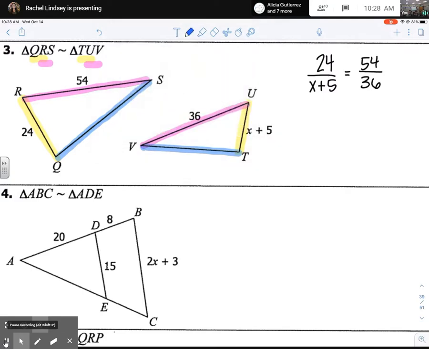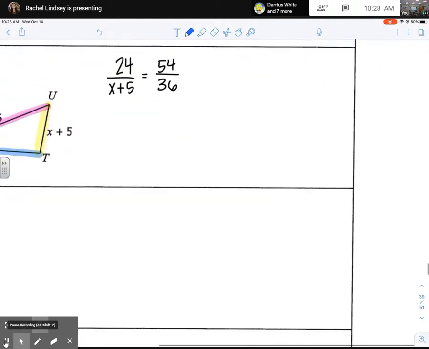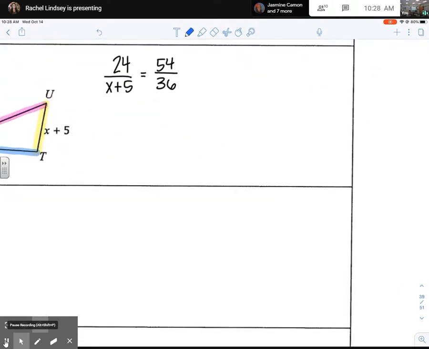So now, again, this is one where I would not want to keep the big numbers, the 54 over 36, if I didn't have to. I'm going to show you why. I'm going to show you how to do it with that one right there and with a simplified one. So I keep that 24 over x plus 5, but I can reduce that 54 over 36, and that reduces to 3 over 2.